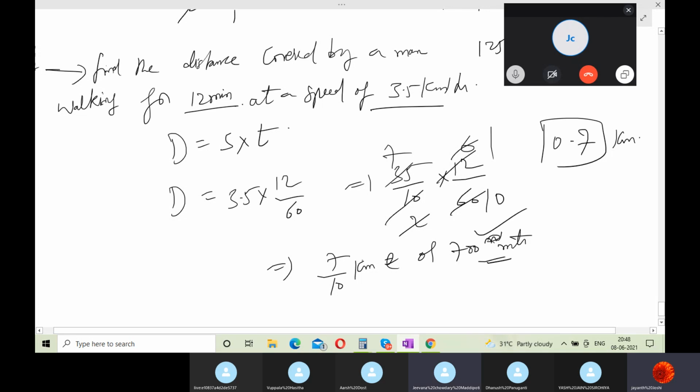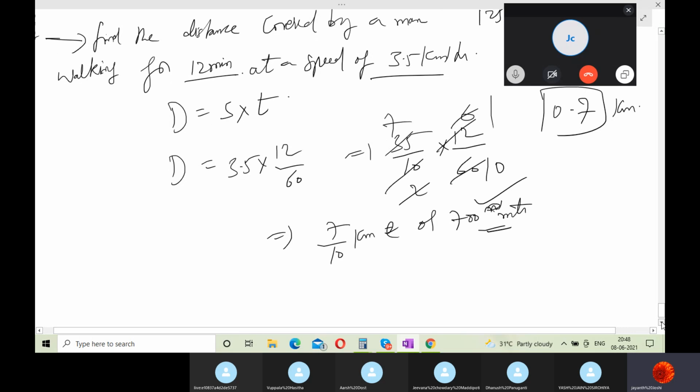Sometimes they may give you this option also in exam. Even this simple question even people have not done. What is that you're going to do? I don't understand.